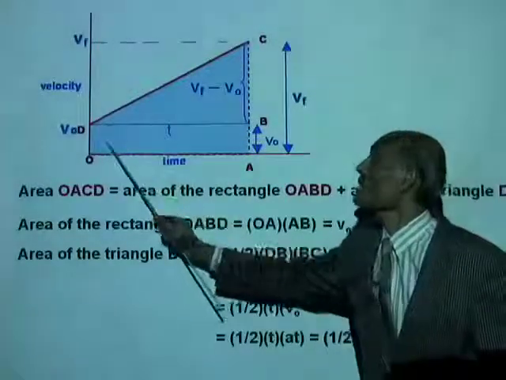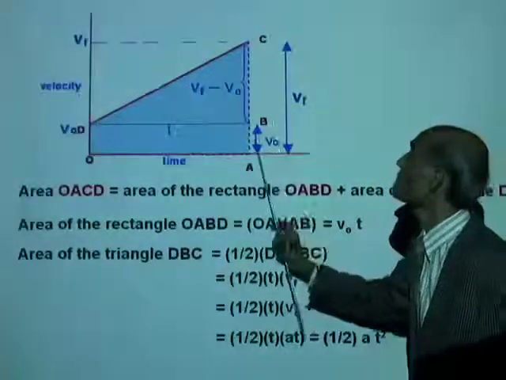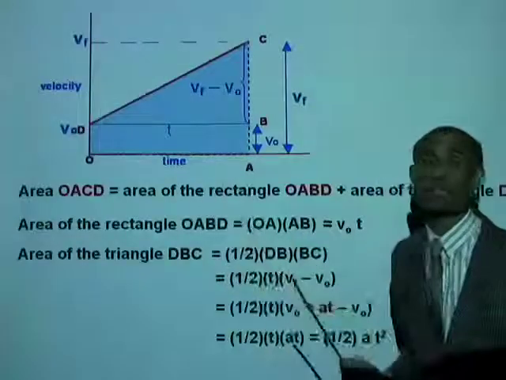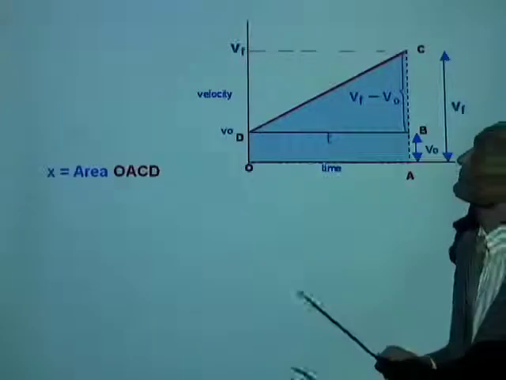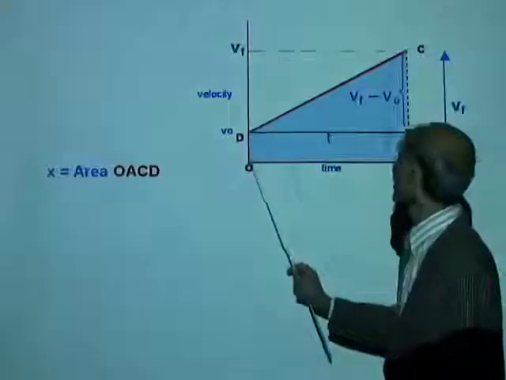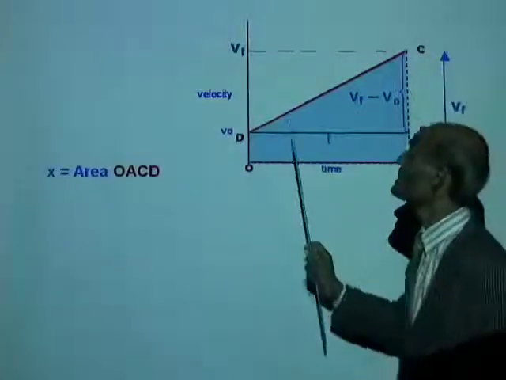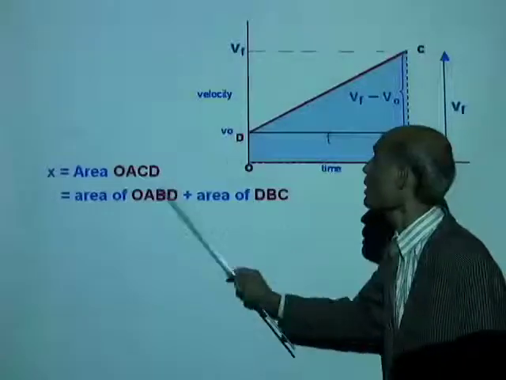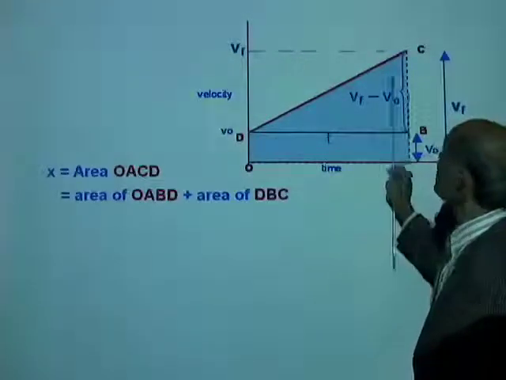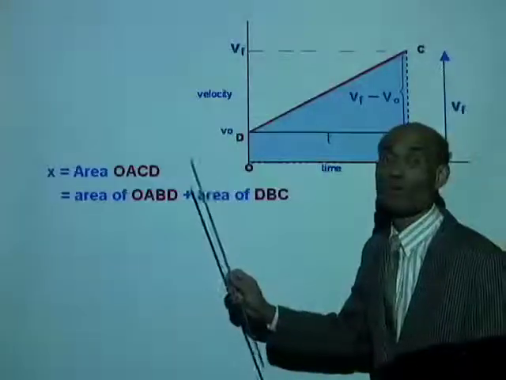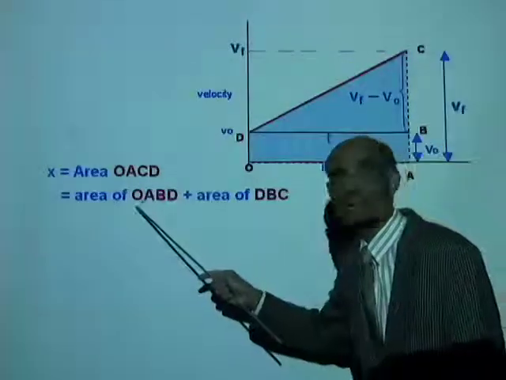And the area of the rectangle is V0 multiplied by t. What is therefore the total area? The area of OACD is the area of the rectangle plus the area of the triangle. What did we say the area of the rectangle is?